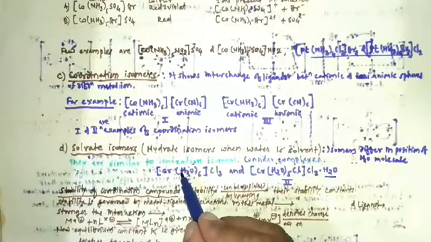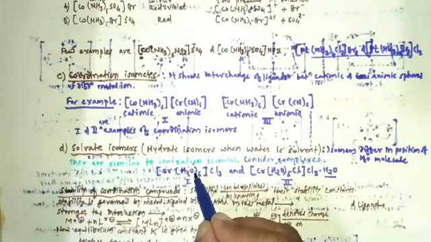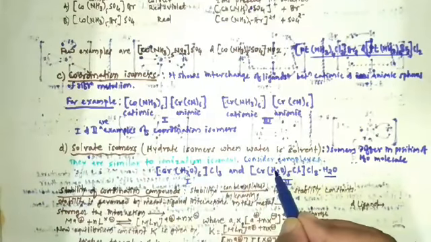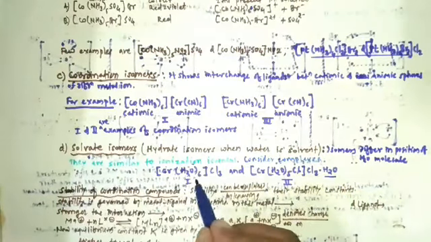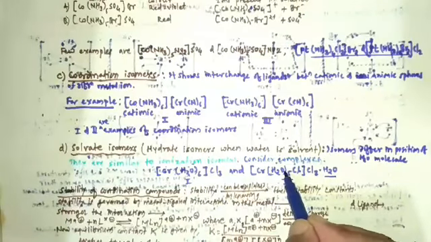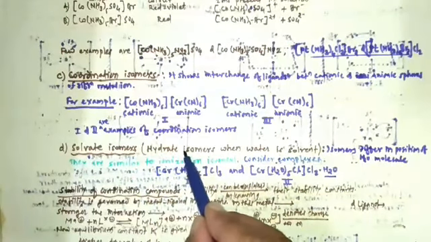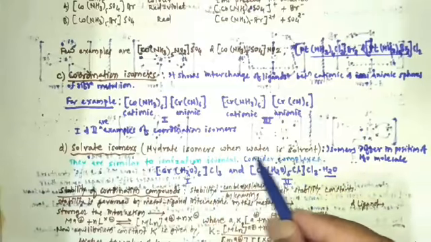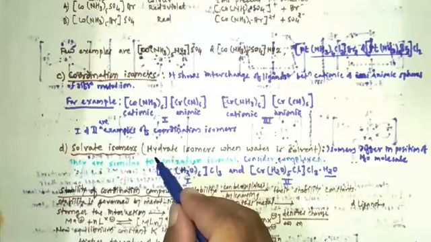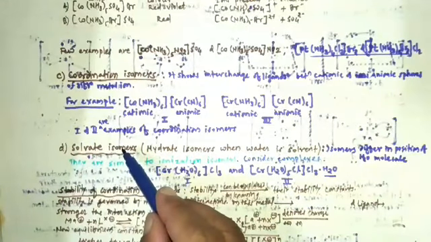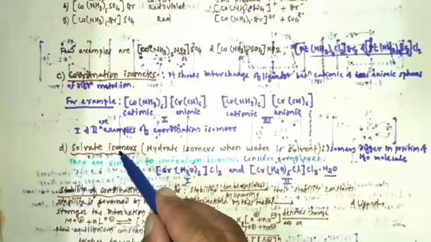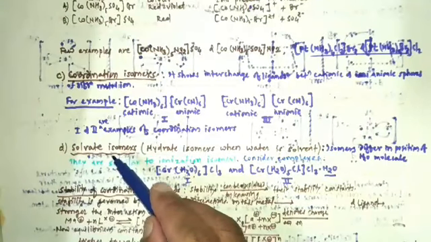That's why the first and second are called solvate isomers or hydrate isomers. So here we finished the different types of structural isomers.